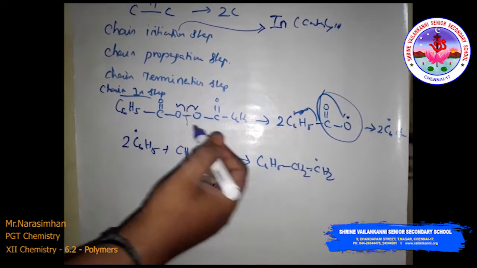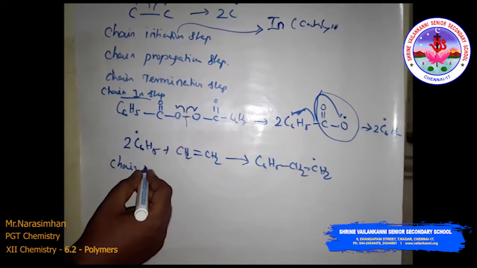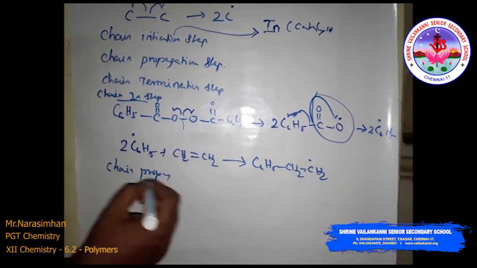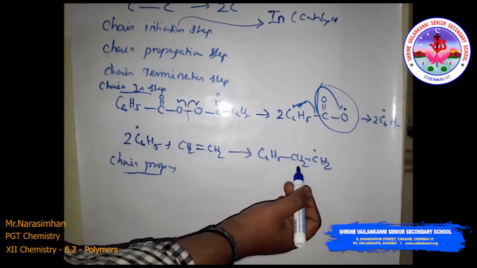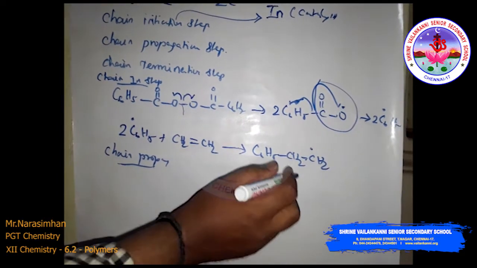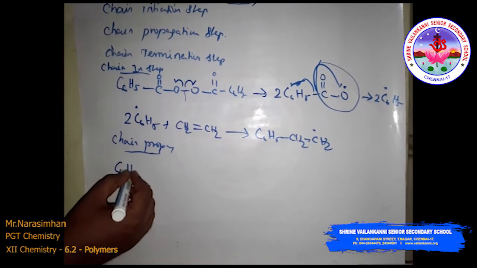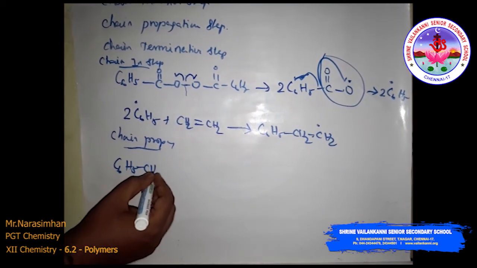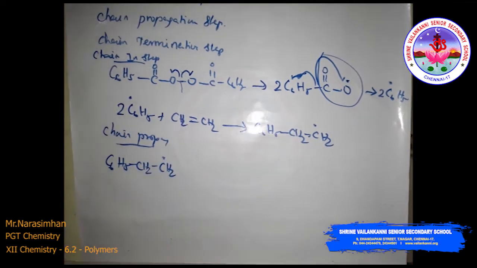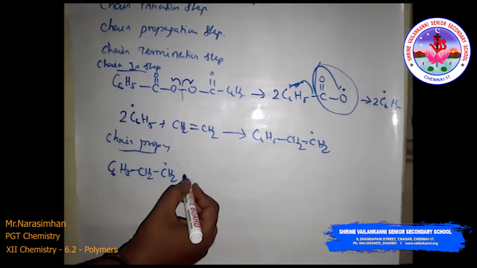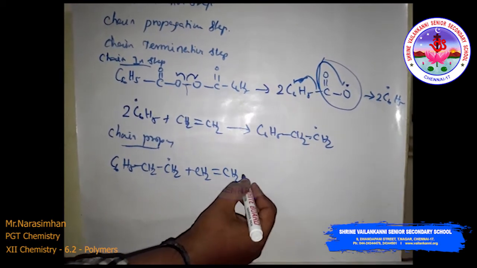So the next step is called the chain propagation step. In this step the molecule reacts with one more alkene compound. The C6H5 CH2 CH2 radical again reacts with the alkene CH2 double bond CH2.